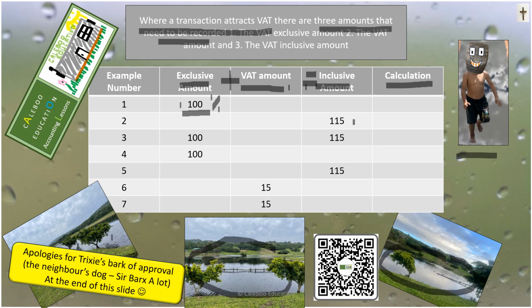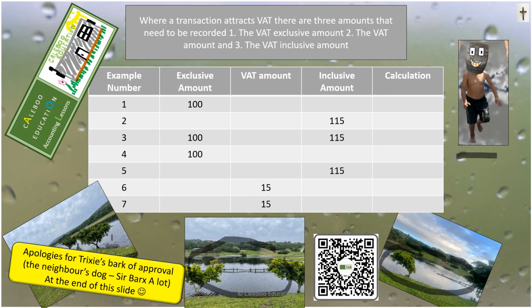But what we need to do here, using calculations, is complete this table, and this will help you when you're given proper numbers. I'm just using 100 to explain this technique to calculate exclusive amounts, the VAT amount, and inclusive amounts.